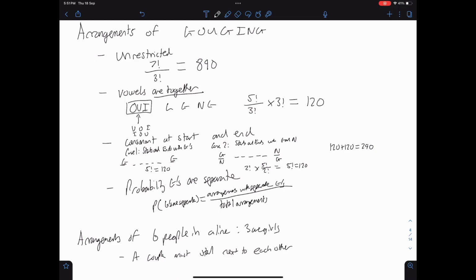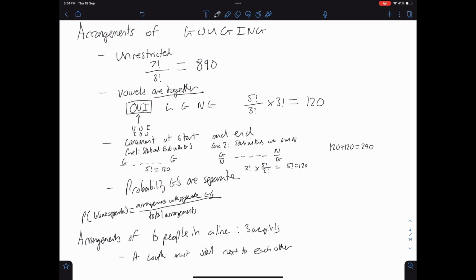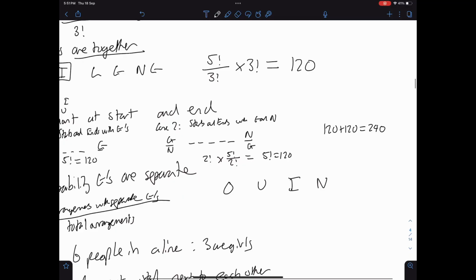So let's have a look at how we can separate the G's. To separate objects, we take them out of consideration temporarily and get the rest. And I've split them up and spaced them out a bit, because now to separate them, all we have to do is to select some of the gaps and arrange some of those gaps.